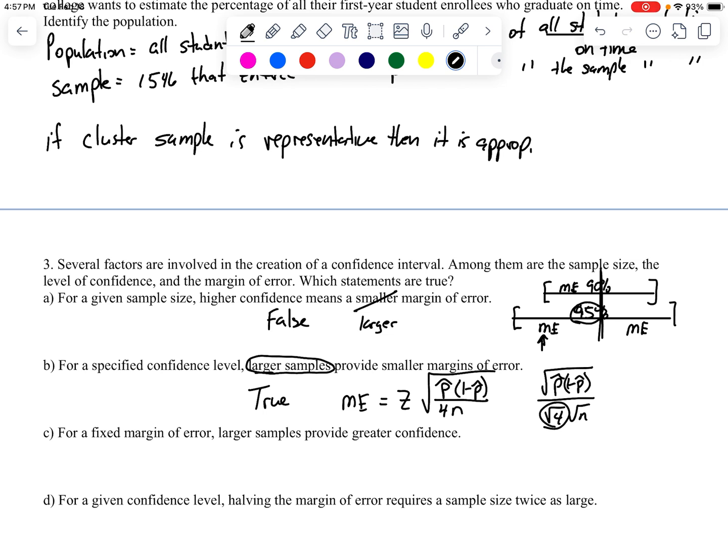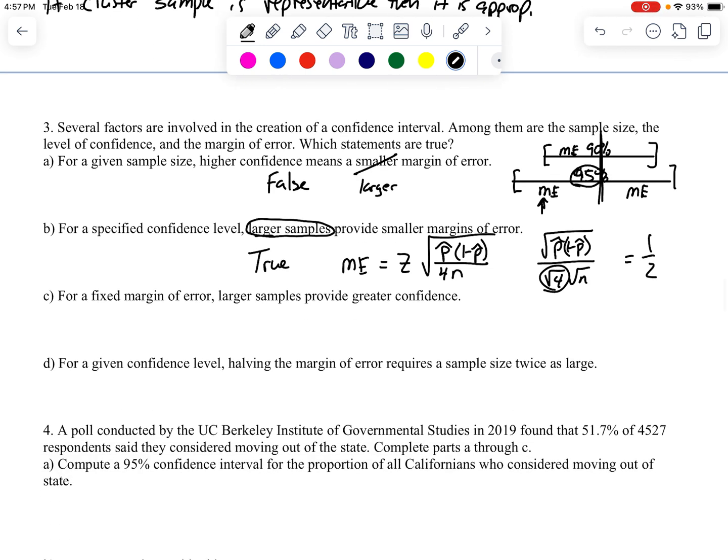Well, I can take the square root of 4. The square root of 4 is 2. So what happens is that by quadrupling my sample size, I end up making my margin of error half as big, because the square root of 4 is 2, and so it ends up being half as big.